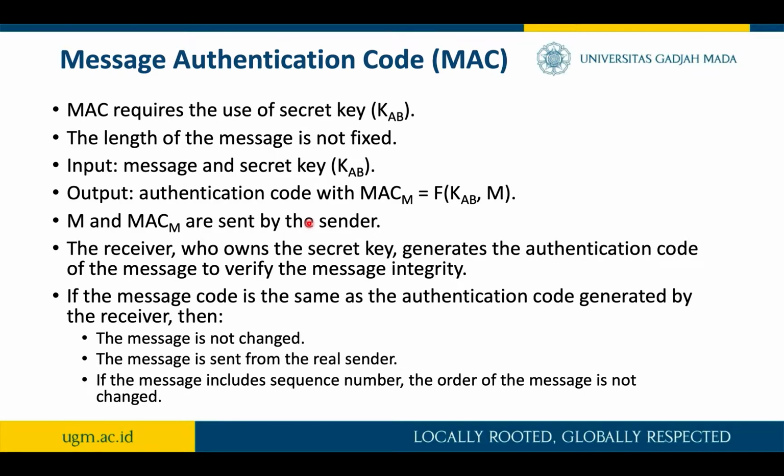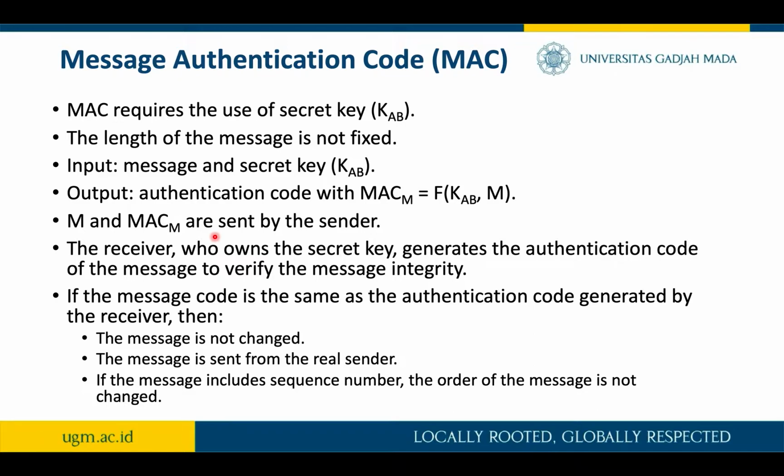Then after that, both M and MAC M are sent by the sender. But actually there are several varieties for this one, but we will not discuss that in detail here. So both the message and the message authentication code are sent by the sender.